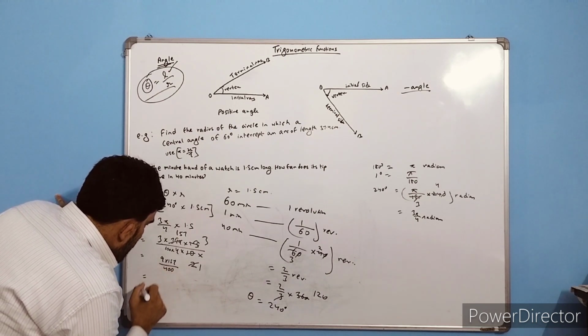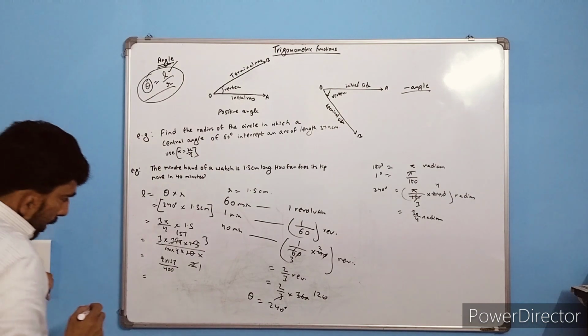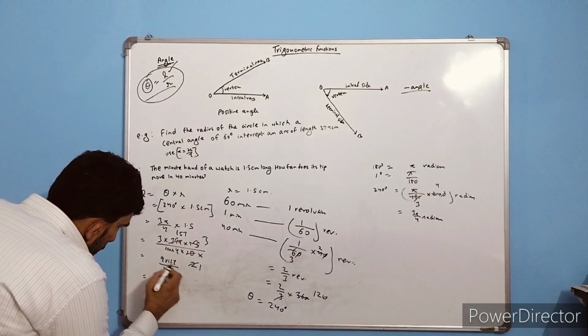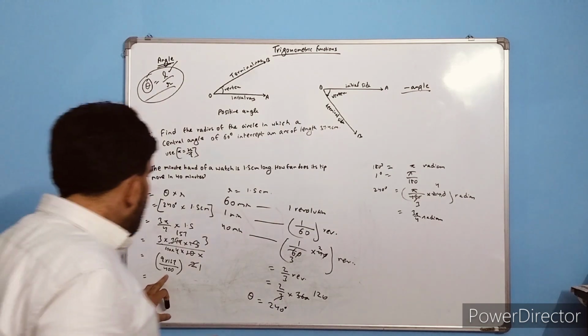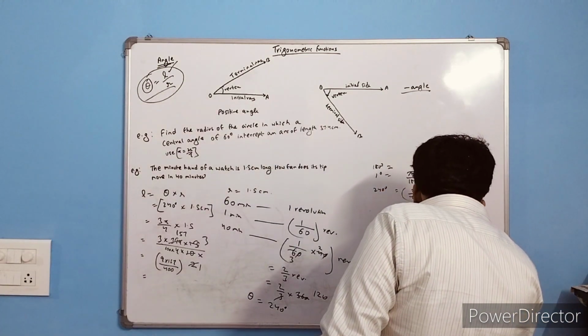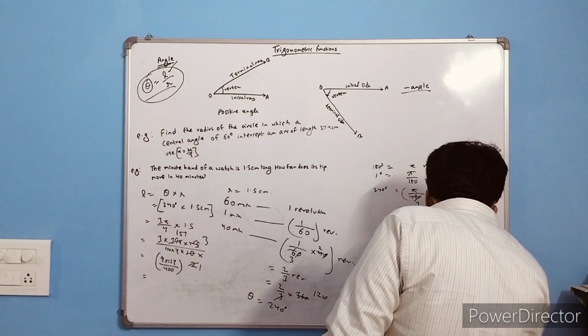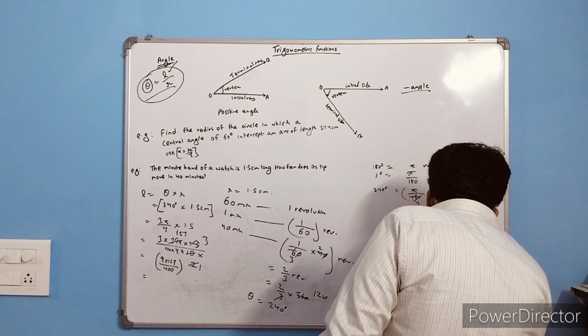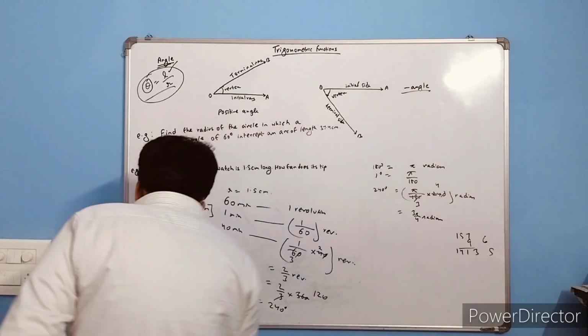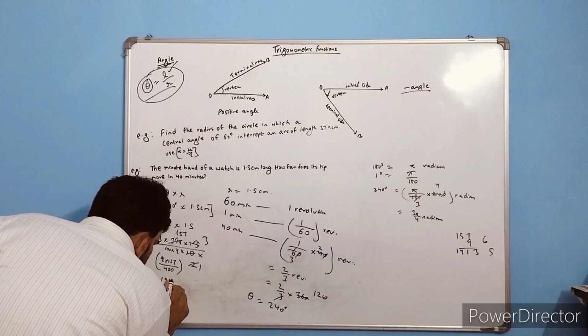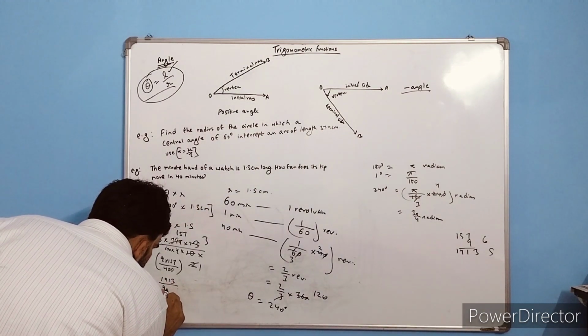Okay, so now I can easily calculate this. Now what I got is 9 into 157. So 157 into 9, 1413. So 1413 upon 400.